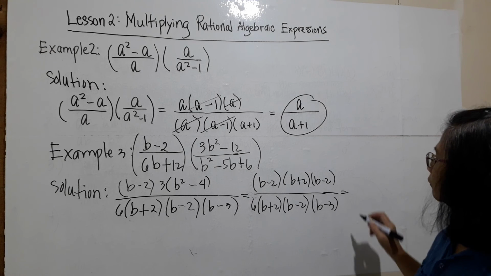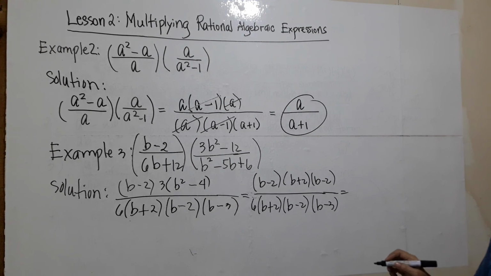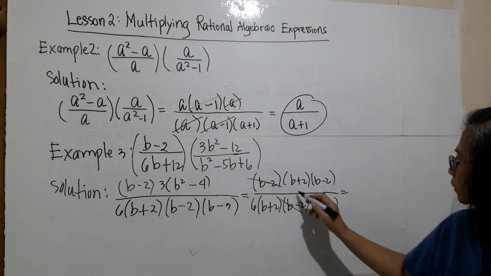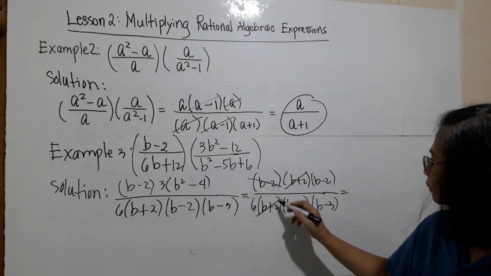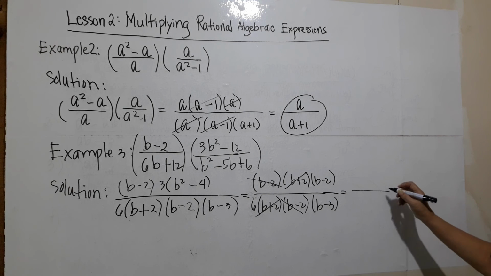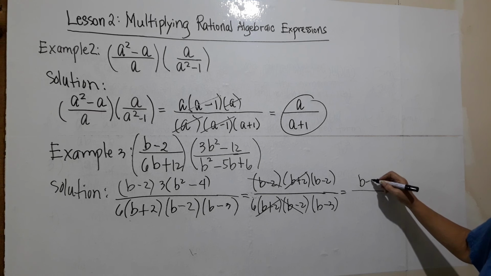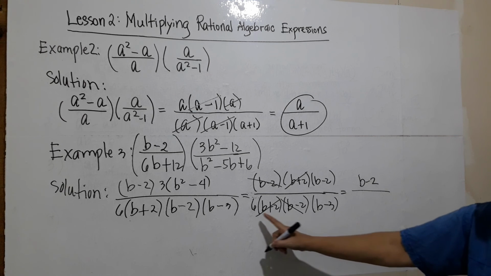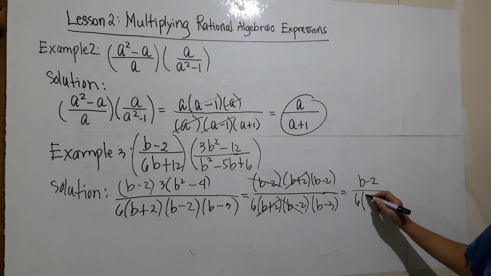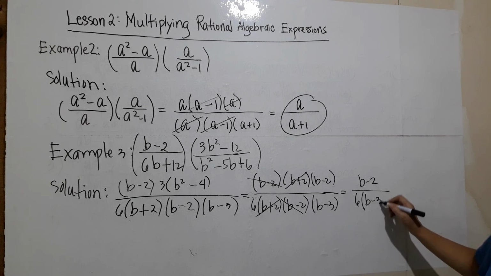Can you see common factors in both numerator and denominator? Yes, we have here b minus 2, b plus 2. No more? So what are the terms left? We have in the numerator b minus 2, and in the denominator we have 2 times b minus 3.